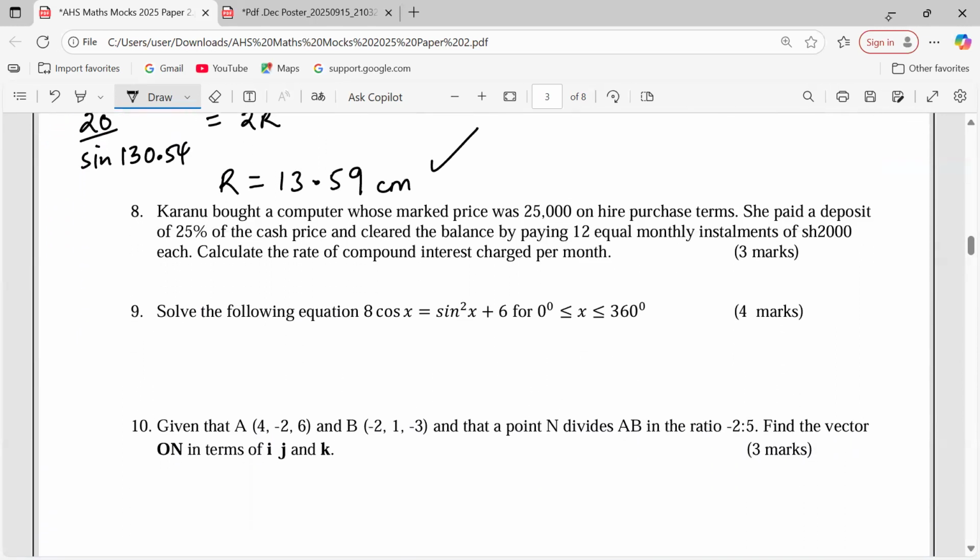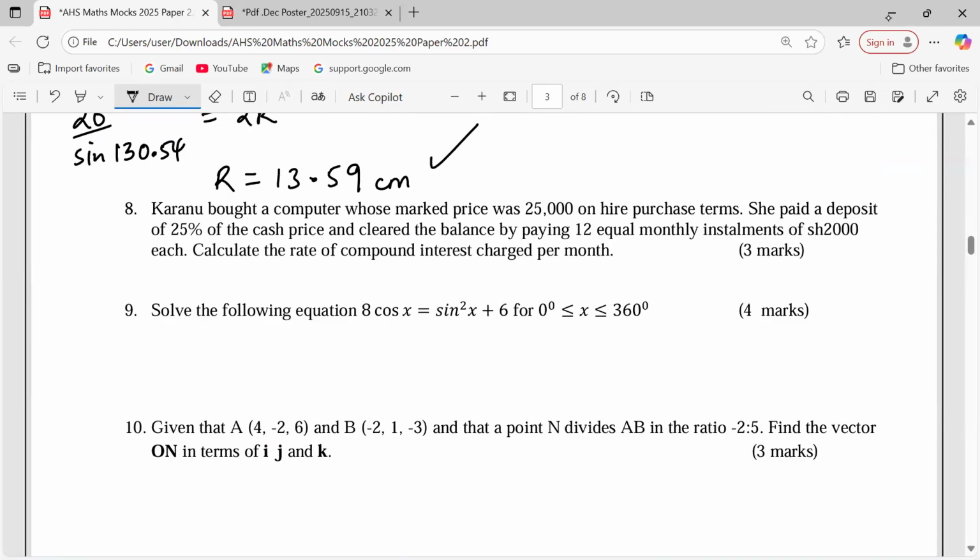Proceeding to number 8. Again, a very good question. Let's look at it. Karanu bought a computer whose marked price was 25,000 on hire purchase terms. She paid a deposit of 25% of the cash price and cleared the balance by 12 equal monthly installments of 2,000 each.